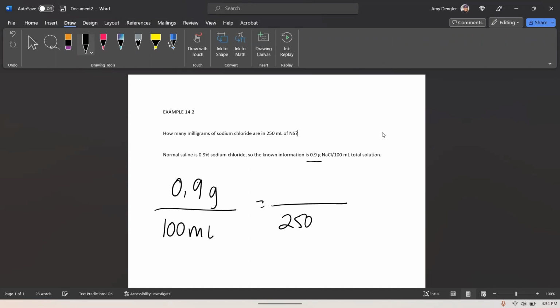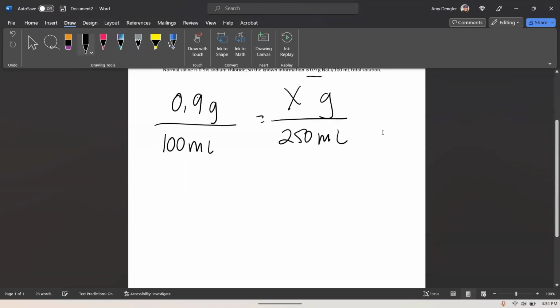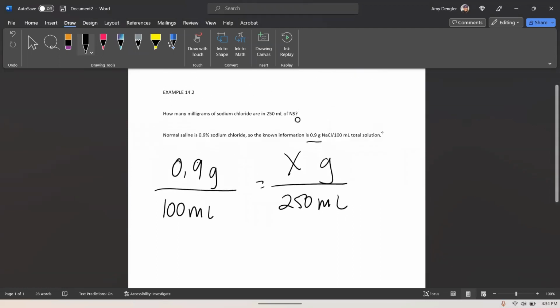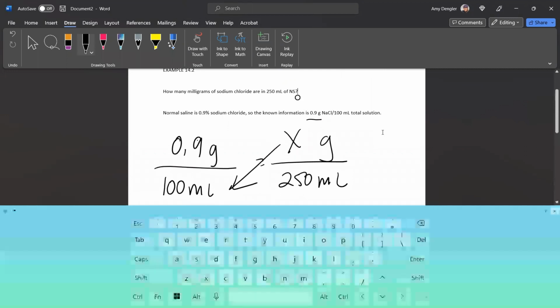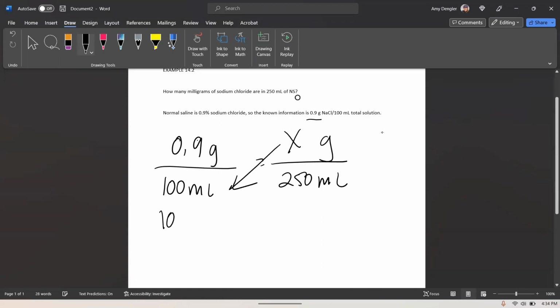And we have 250 ml. How many grams is needed? Now, this question is asking for milligrams, but we can convert that at the end. So 100X is equal to 0.9 times 250.